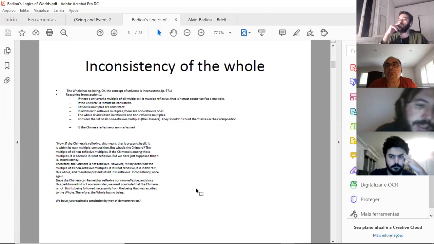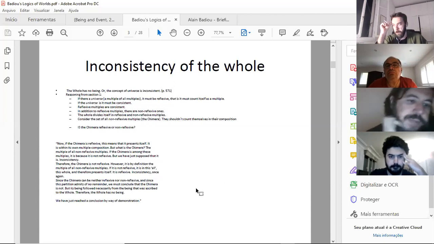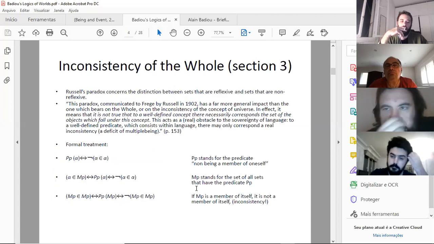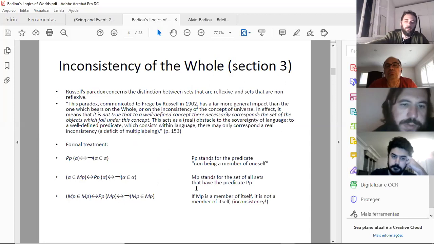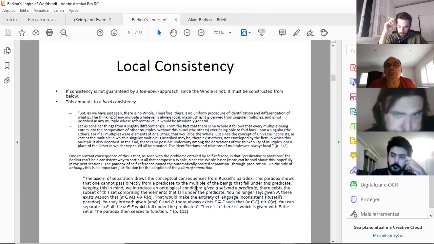Inconsistency once again. So it's just a kind of rehearsal of Russell's paradox. If it counts itself, it doesn't count itself, which is an inconsistent proposition. So there you go, the formal version of this that we rehearsed last time.